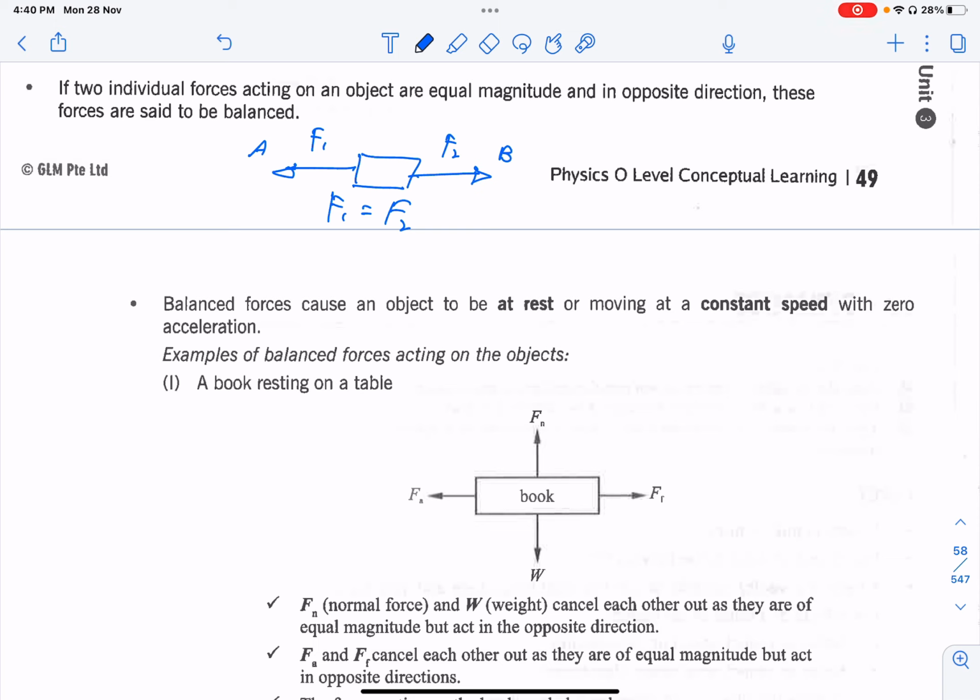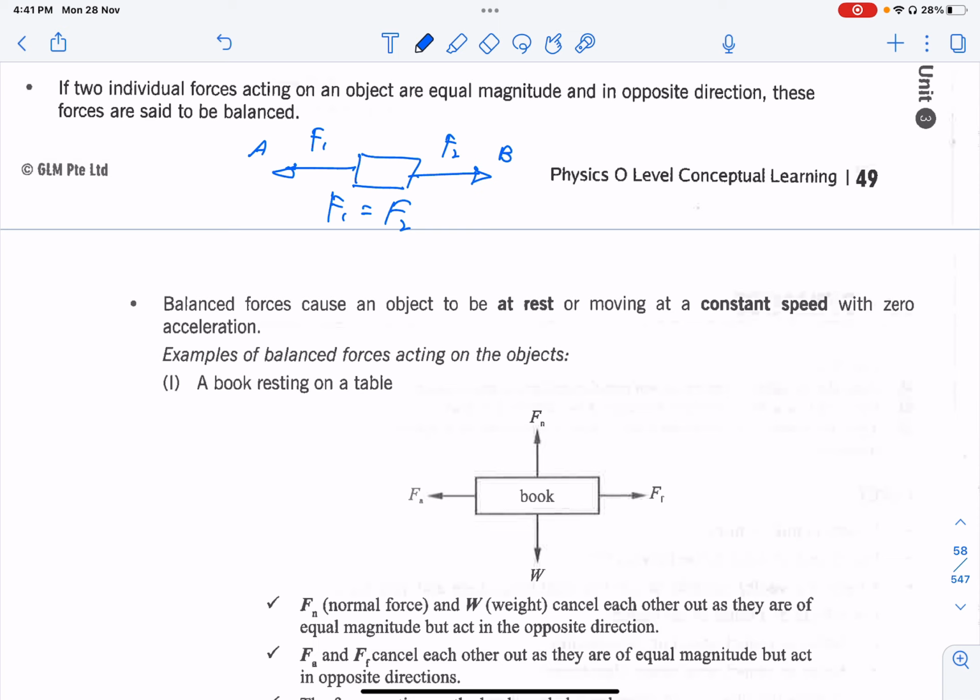Because it's balanced, the book is resting on the surface of the table. In the event that the weight of the book is greater than the force of the table, the book will break the table. If the force of the table is greater than the book, then you will see the book actually floating upwards above the table.